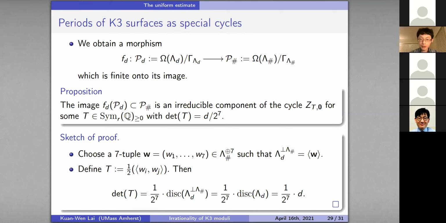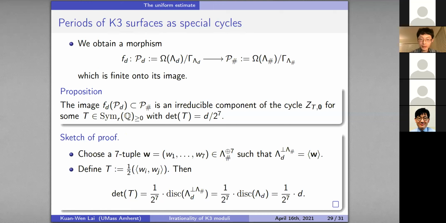Because these are special cycles coming from some kind of modular forms, and we also have estimates about degrees of the coefficients of these cycles, we are able to estimate the degree of irrationality of these images, this F_D evaluated at P_D.